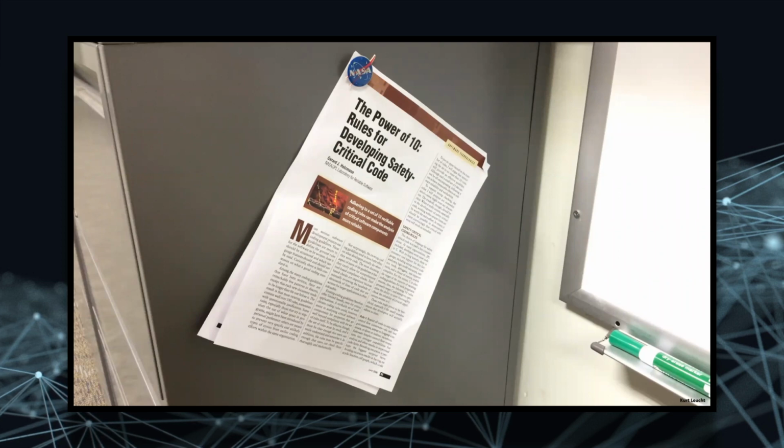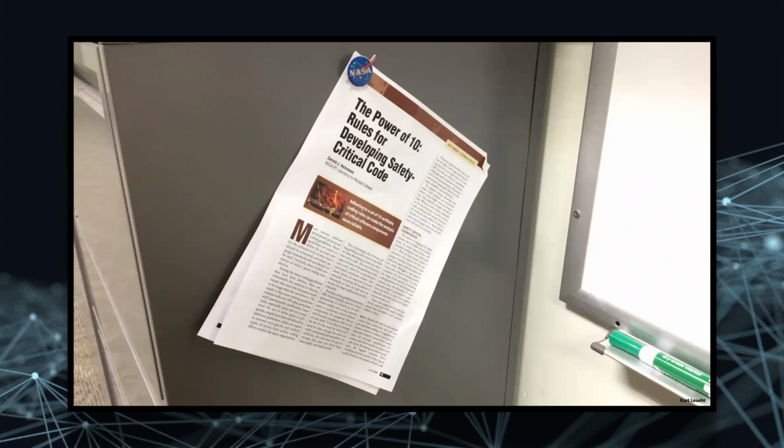The Power of 10 rules came about after software engineers studied software-related anomalies at NASA over several decades worth of projects. They created a short list of problems that seemed to be common across almost every mission. They defined a set of 10 rules that could easily be remembered by the development community and could be mechanically verified for compliance.